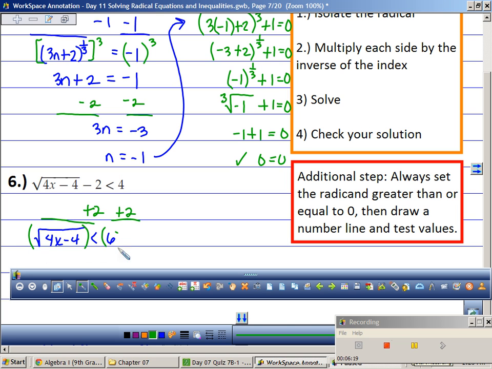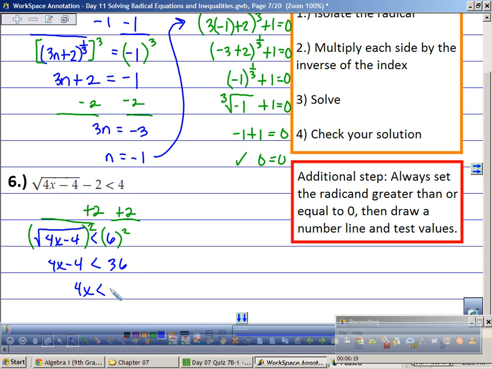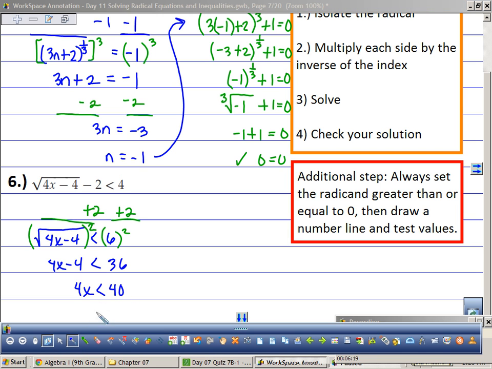Square both sides, and I get 4x minus 4 is less than 36. Add 4 to both sides, and you get 4x is less than 40. Divide by 4 on both sides, I get x is less than 10.